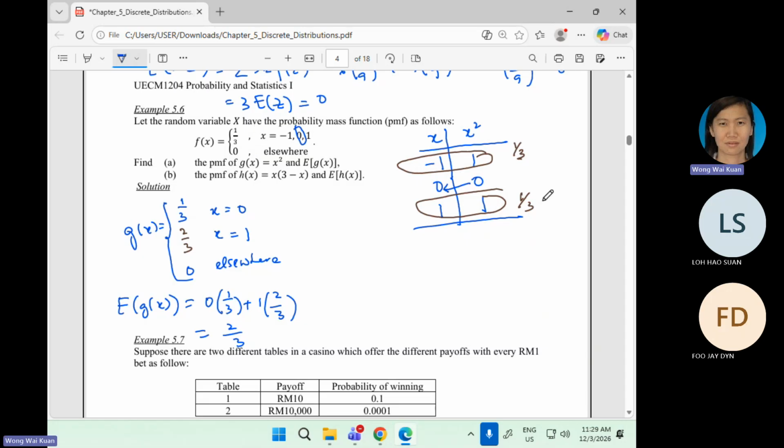Okay? The difference is this itself, sorry, I should not put g(X). Sorry, I should put f(g(X)). This is supposed to be f(g(X)). g(X) is 0 and 1 only. Okay.